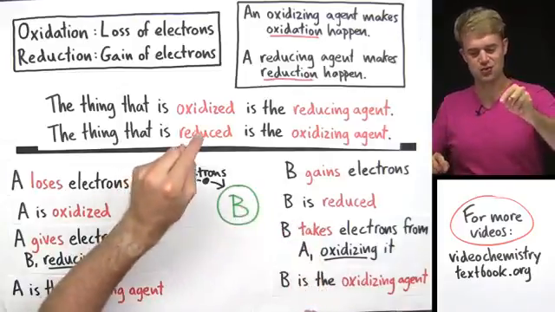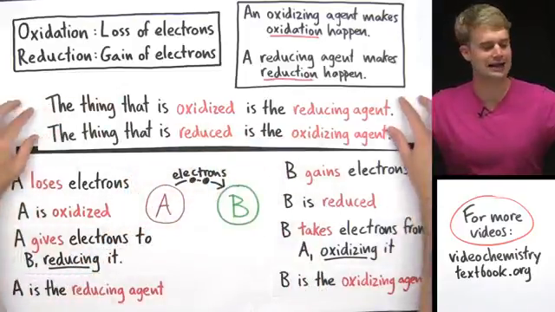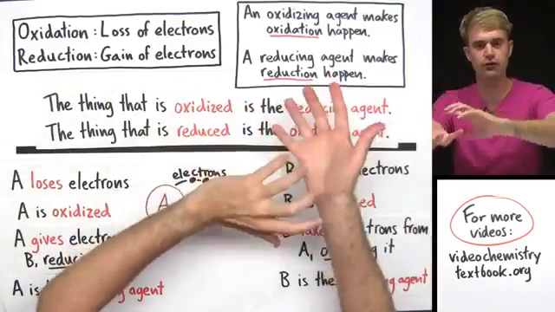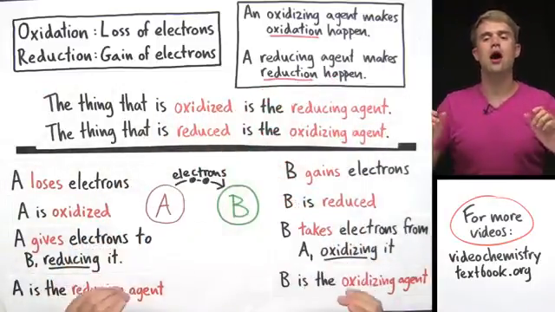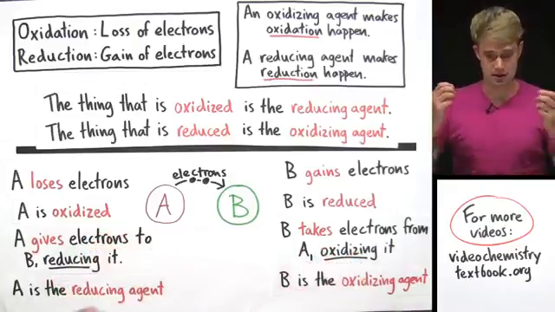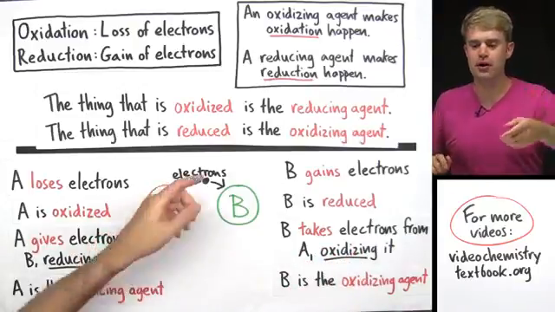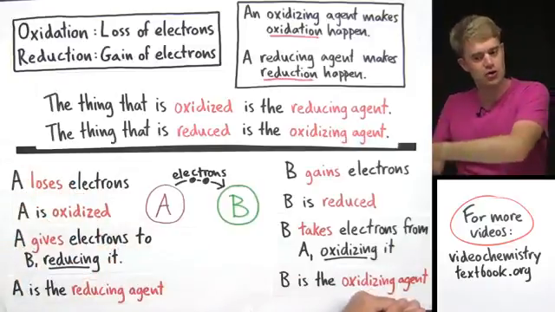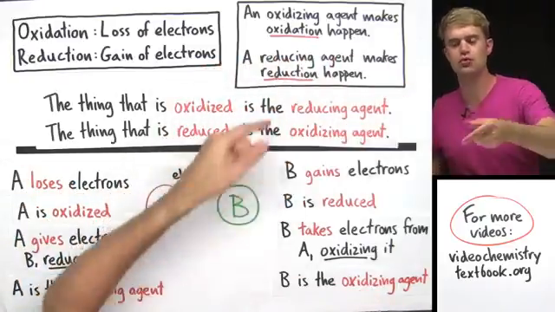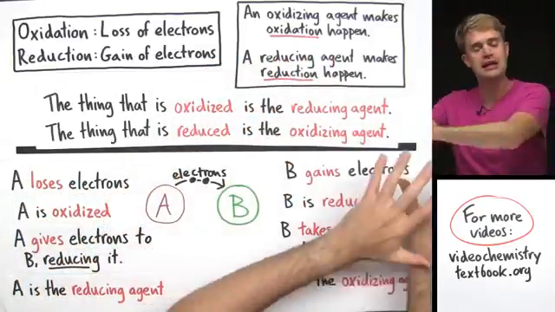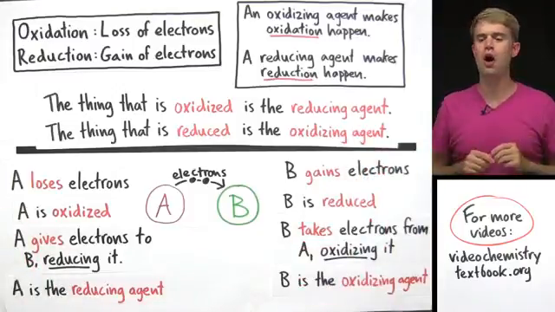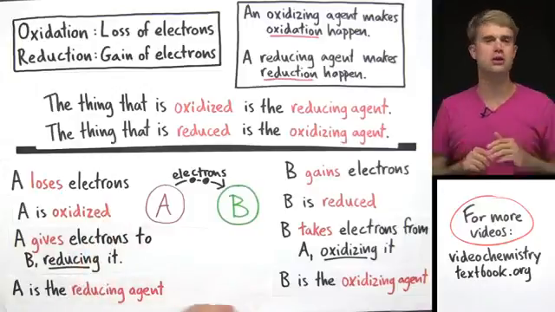The thing that is reduced is the oxidizing agent. So this is one way to remember that we get this kind of flip-flop. But I think a better way to keep it in mind is remembering that the oxidizing agent makes oxidation happen by taking electrons away. The reducing agent makes reduction happen by giving electrons. So this is an overall view of what oxidizing agents and reducing agents are.